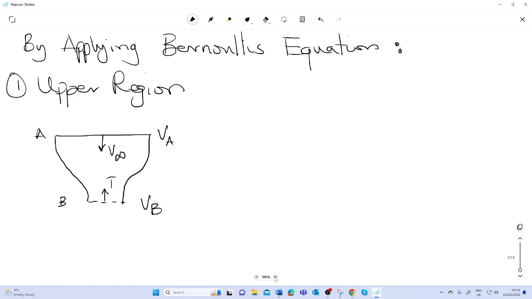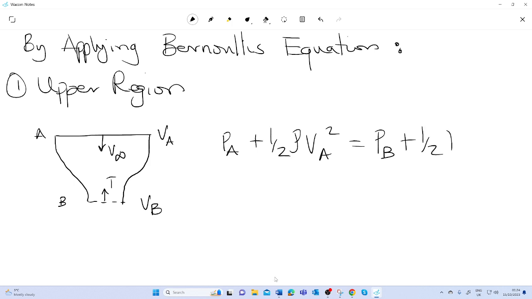So therefore the Bernoulli equation becomes PA plus half rho VA square equals PB plus half rho VB square. And that's the upper region application of Bernoulli equation.